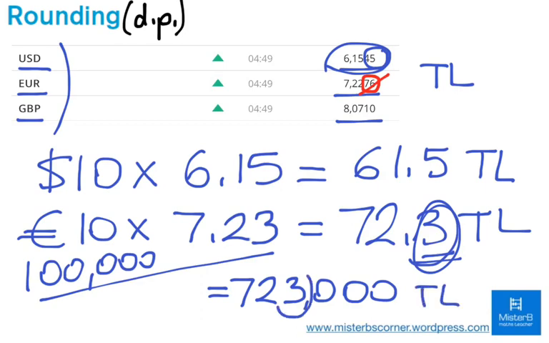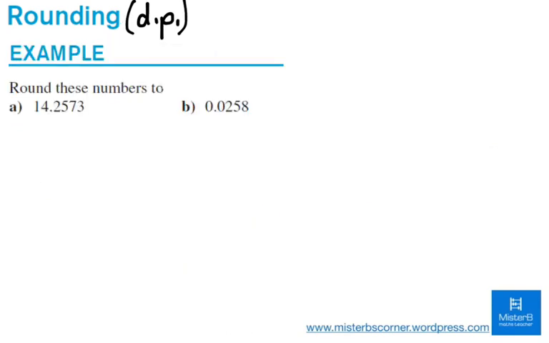And the difference would be around 1000 TL, which otherwise the exchange office would get. This is very important. You would lose 1000 TL. So let's look at this example to understand how rounding is performed.